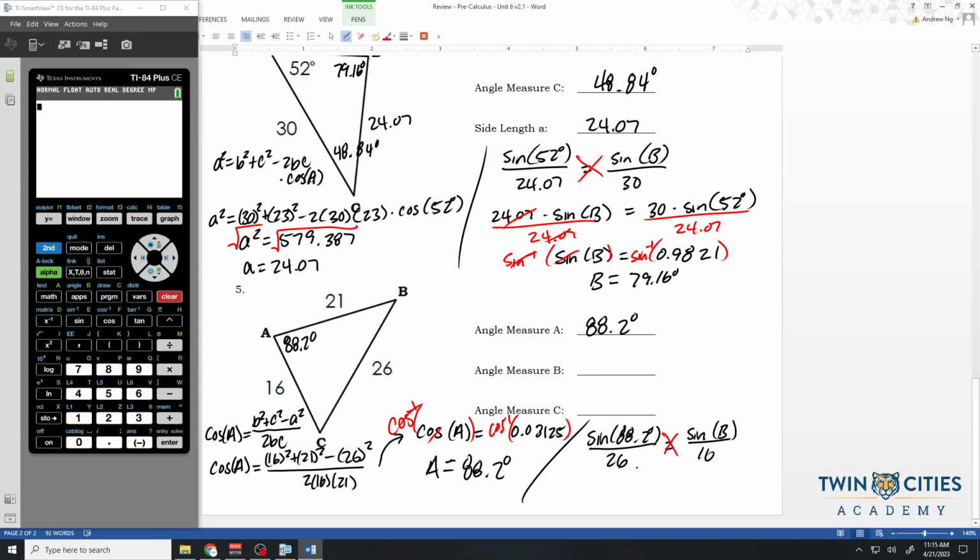Let's cross multiply and solve here. So that'll be 26 times the sine of B is equal to 16 times the sine of 88.2 degrees.